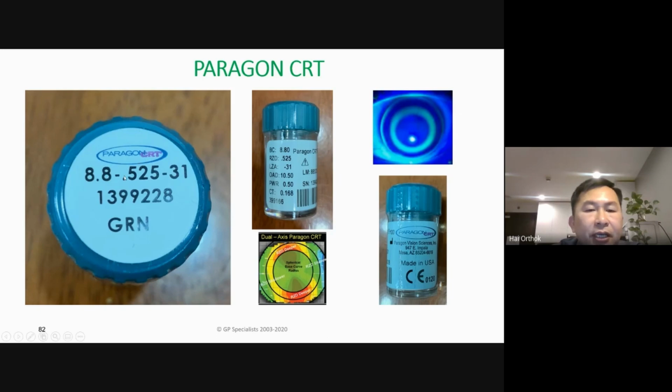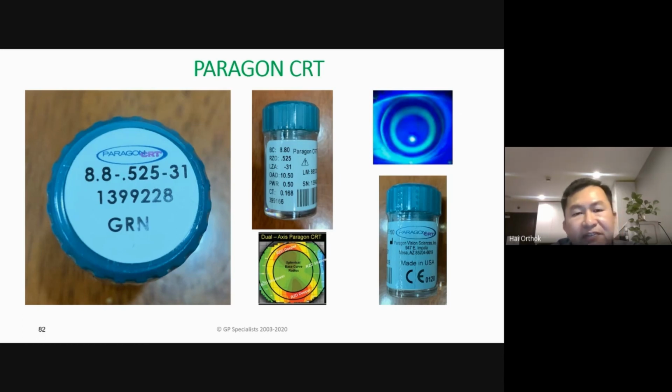Every increase of 25 micrometers steepens the lens by half a diopter. It's very much equivalent to the troubleshooting of the IC lens with the alignment curve, but it uses the return zone depth. And then the Paragon CRT also has the landing zone angle, which we can open or close to have centration of the lens or provide more tear for the lens.